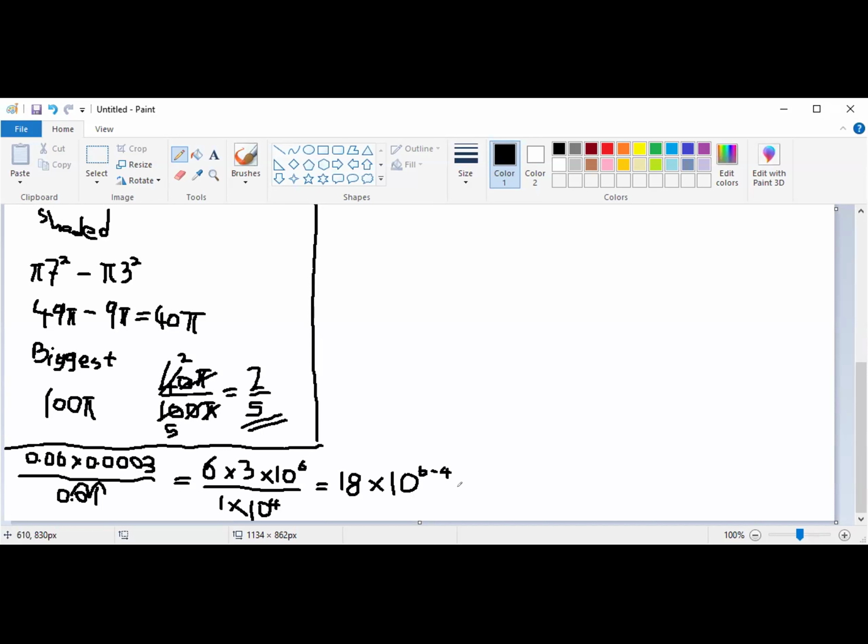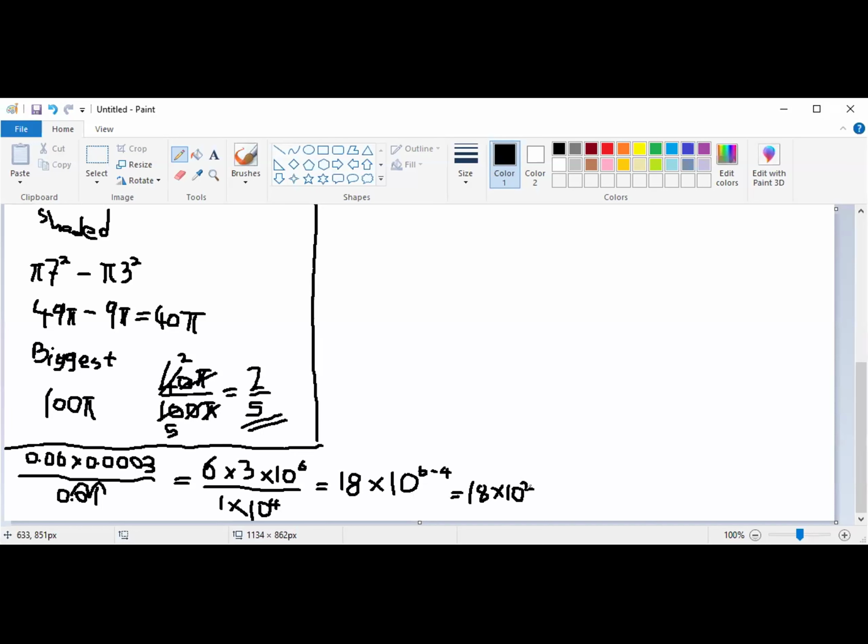So that's going to give me 18 times 10 raised to power what? 2. But guess what? This is not standard form yet, until the decimal point is between 1 and 8.